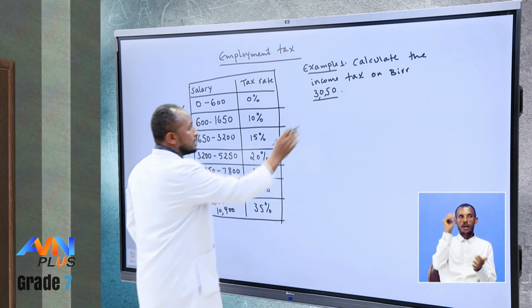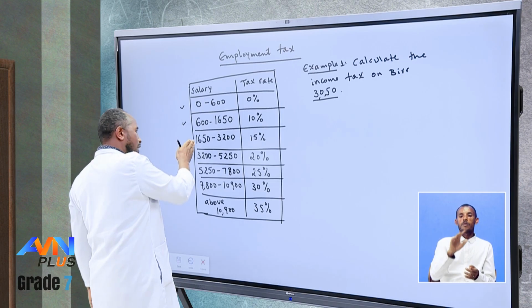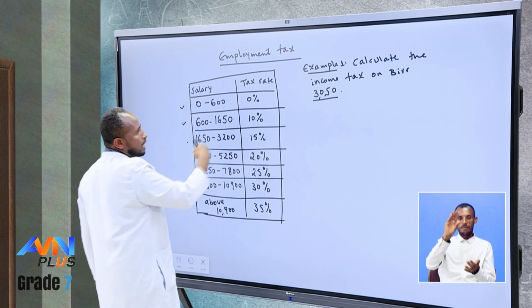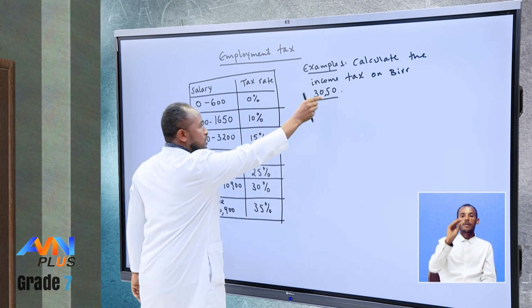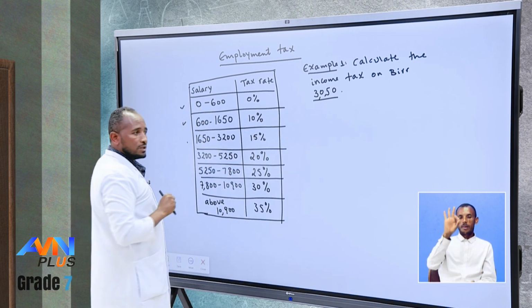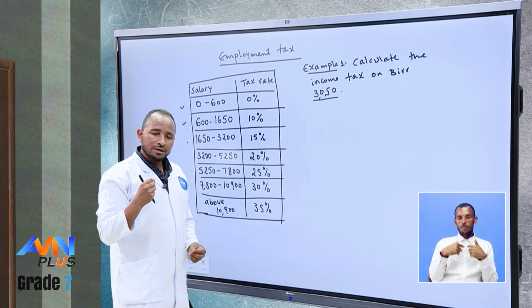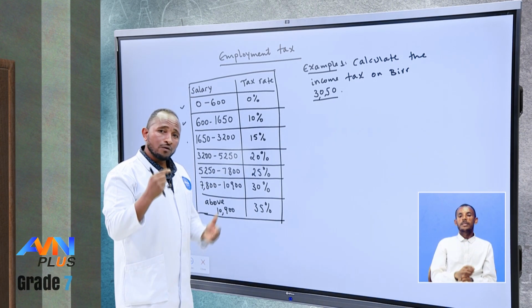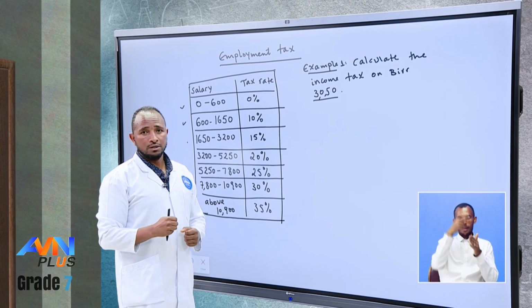Again, a certain portion is found from 1,650 up to 3,050. Therefore, you have to calculate the tax for each interval, and then calculate the total tax to be paid.